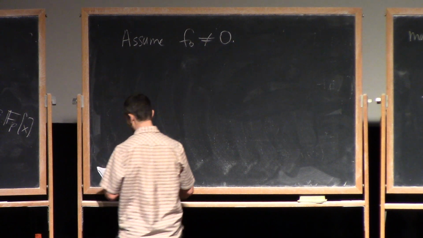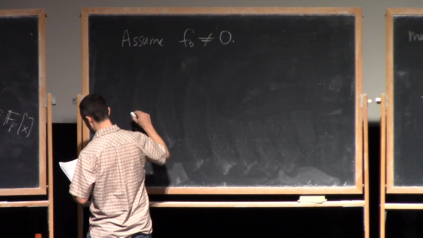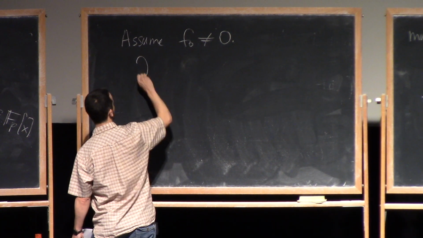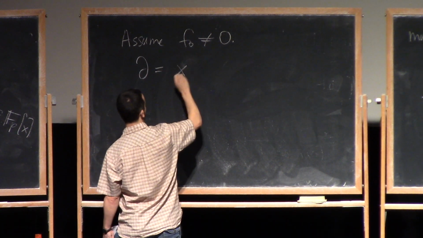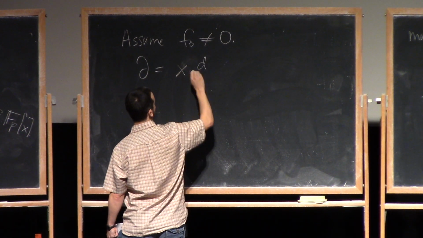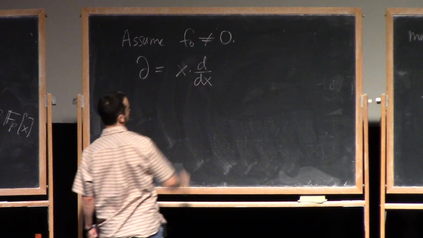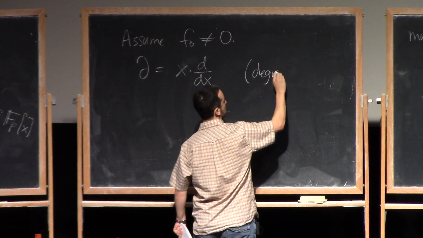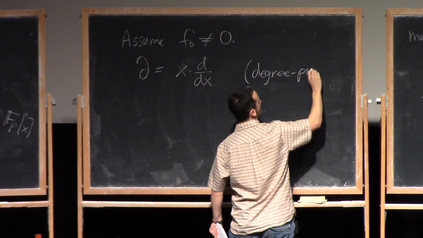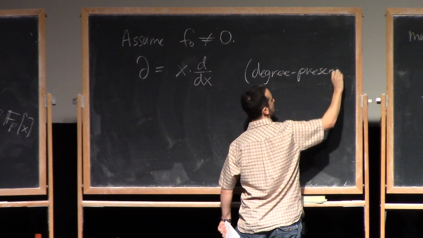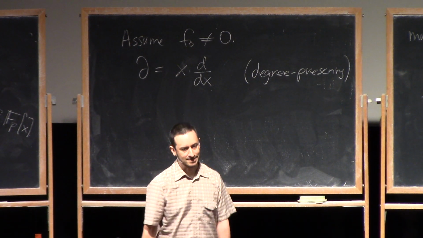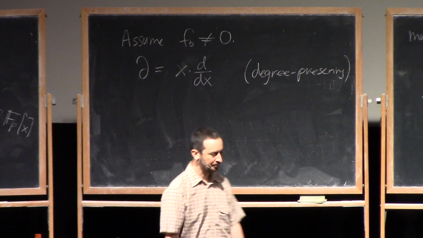Okay. Now, I'm going to introduce a certain differential operator. So del is going to be x times d dx. So this is a degree preserving differential operator, right? So if I differentiate x to the k, I get k times x to the k.